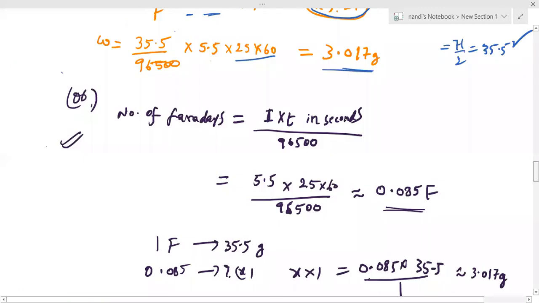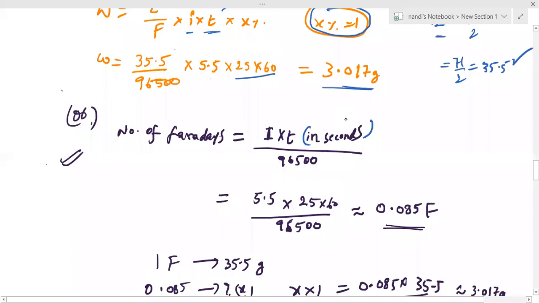By solving this, you can get 0.085. By substituting all these things, I'll get this many Faradays.